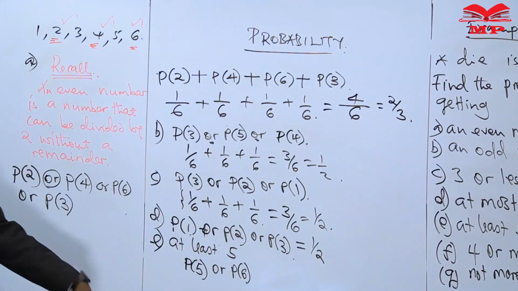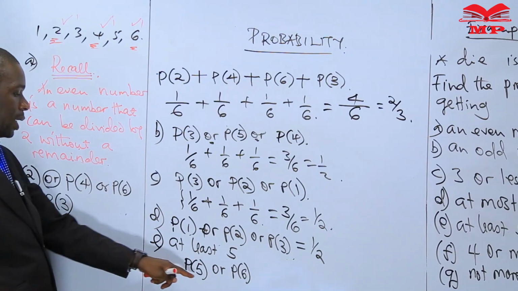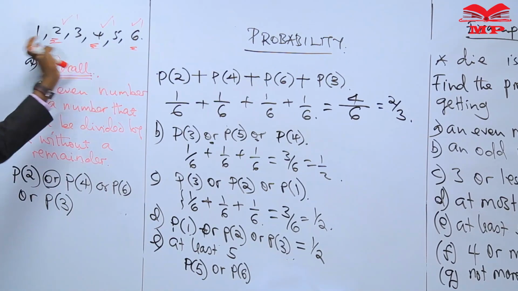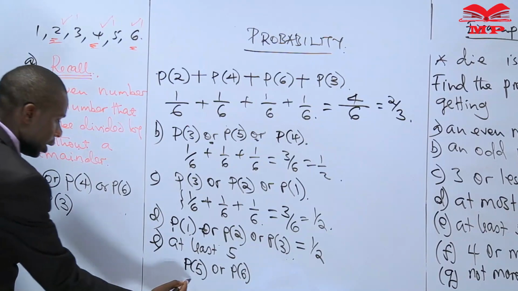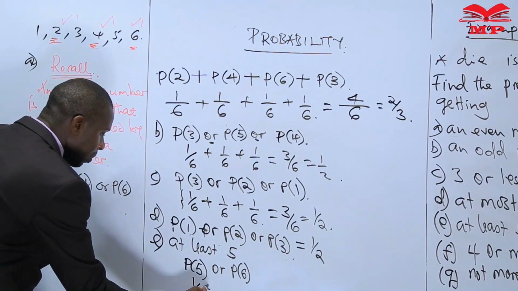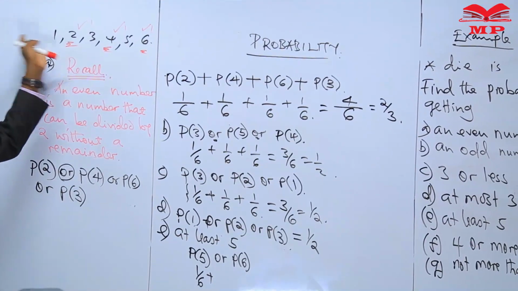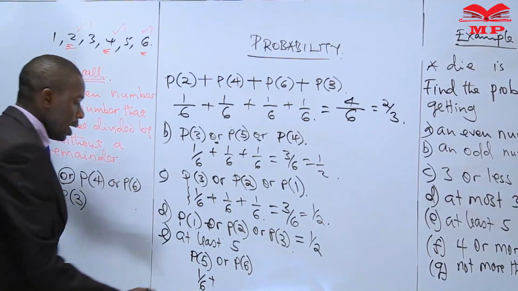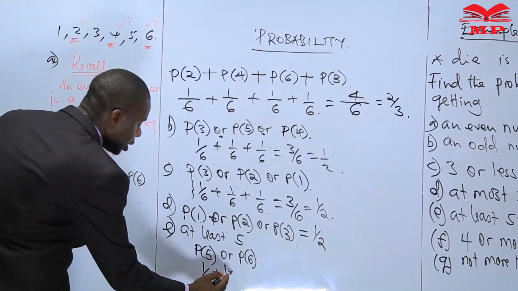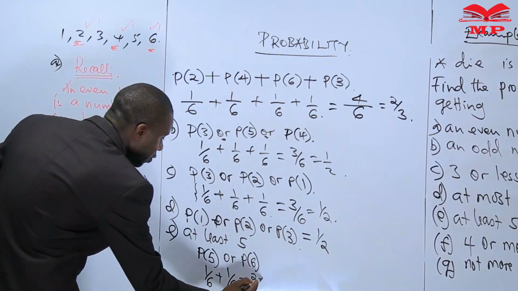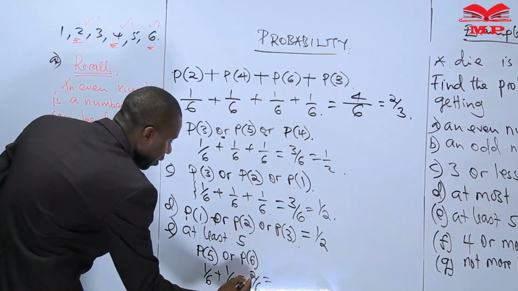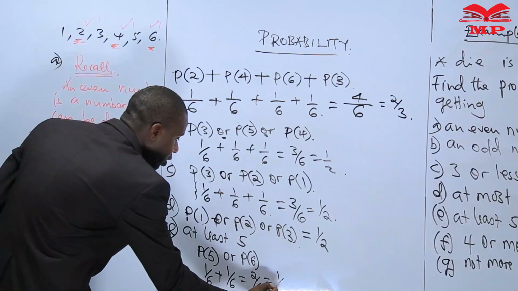So in this instance, we can say that to get a 5, it is 1 out of the total 6, plus, to get a 6, it is 1 out of the total again 6. So that is 1 over 6. So this will give you 2 out of 6, which you can simplify by dividing by 2 across to get a third.